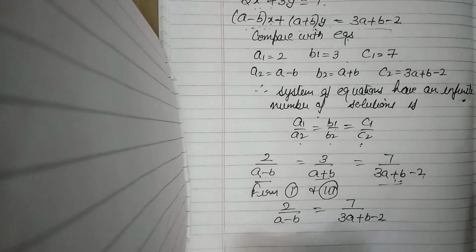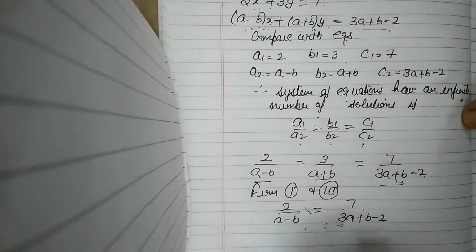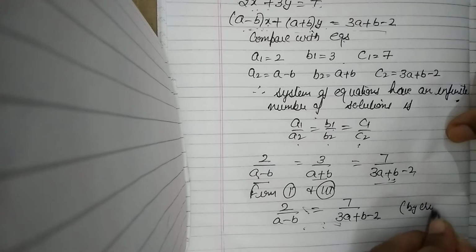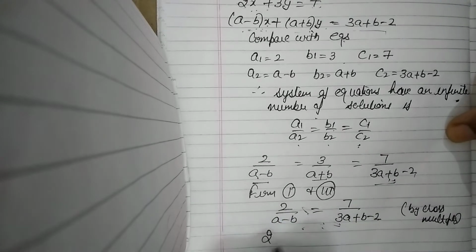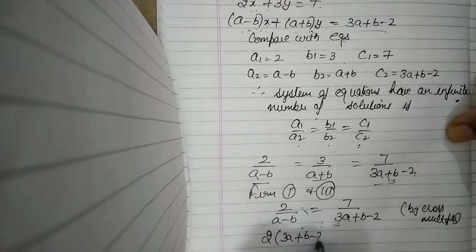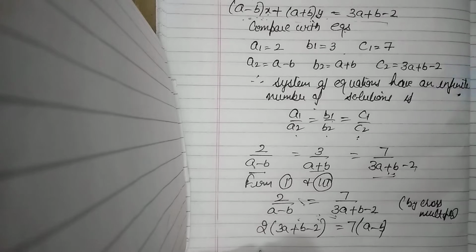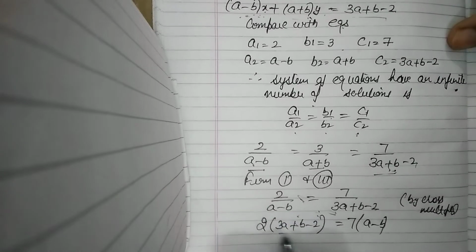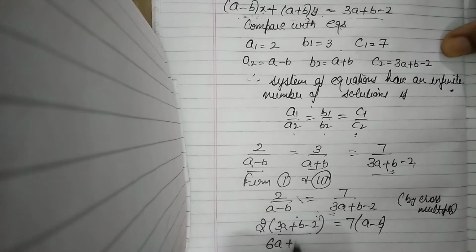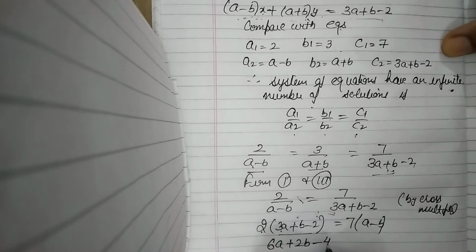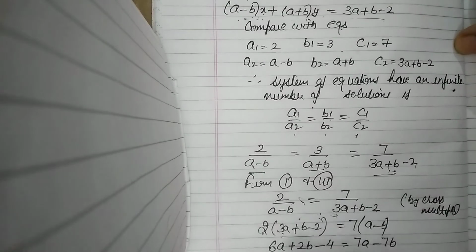Now how to solve this type of equation? By cross multiplication. Now by cross multiplying, 2 is multiplied by each term of this. Firstly 2 is multiplied by 3a, that is 6a plus 2b minus 4 equal to 7a minus 7b.